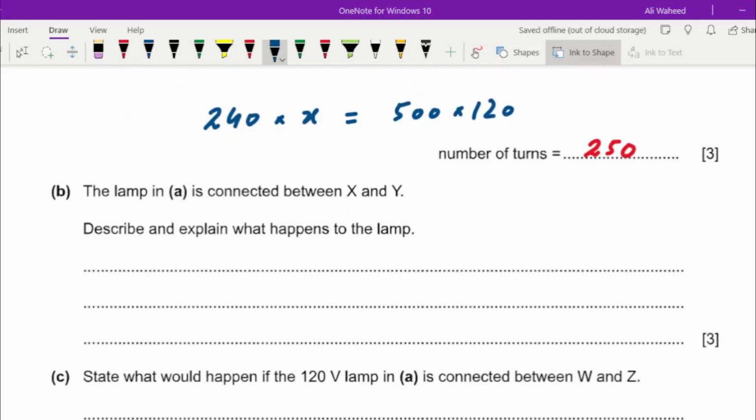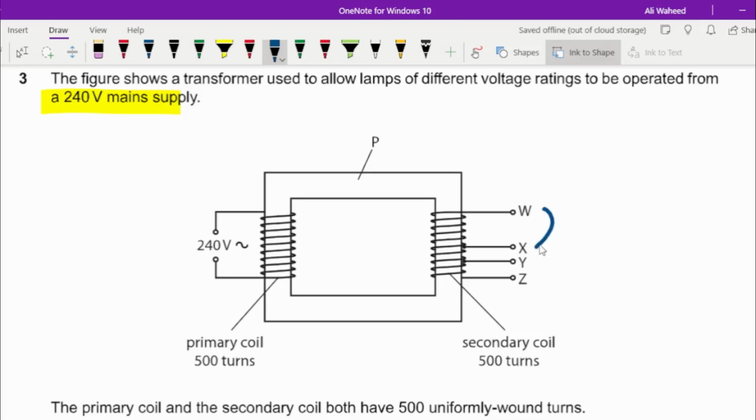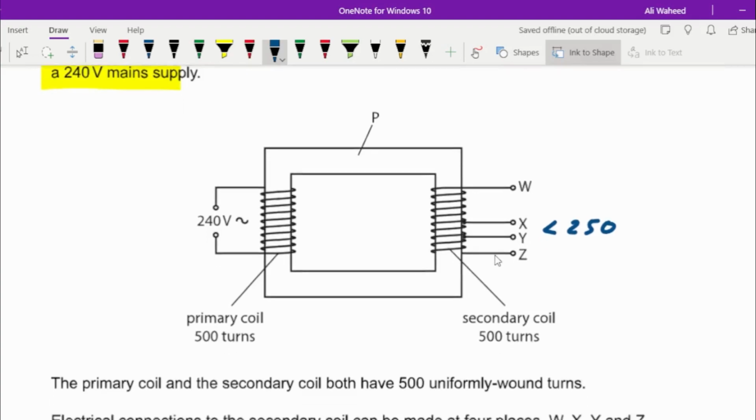Describe and explain what happens to the lamp. So between W and X, we were having 250 turns, and between X and Y, we would be having turns less than 250. As we can see from the diagram itself, the number of turns between X and Y would be less than 250.